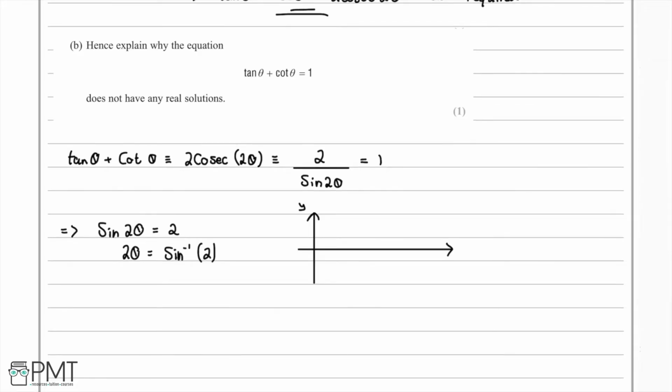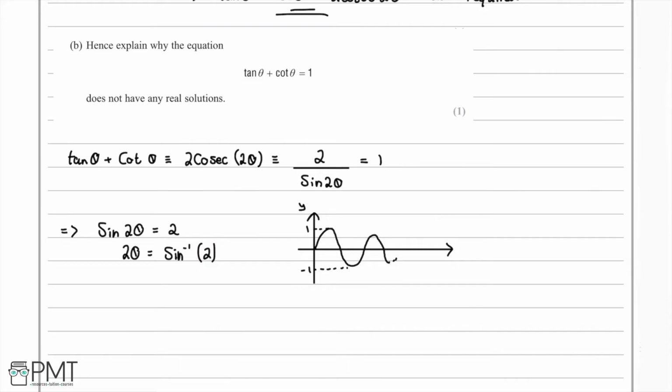So I've drawn some axes here. So let me now sketch out what sine of 2 theta may look like. Very roughly, it'll take this sort of shape. And we know that sine has a magnitude of 1 and then -1 on the lower y-axis. But our issue here is that 2 is greater than 1.